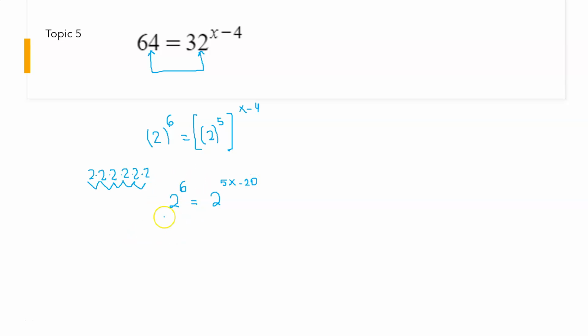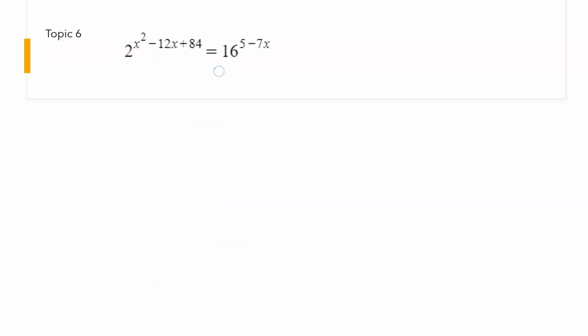As the base is the same, 2 to the 6 is equal to 2 to the 5x minus 20, so we can just equate the exponents. In this case, we have a linear equation, which is 6 plus 20 equals 5x. So x equals 26 over 5, and that will be your answer.